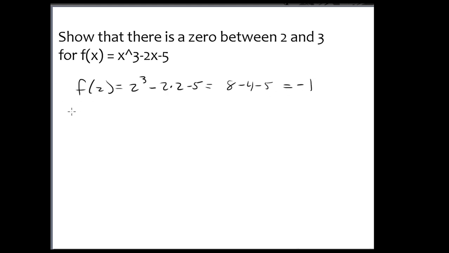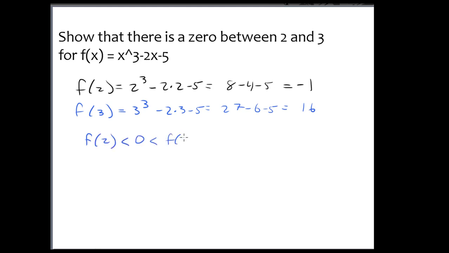And then I'm going to take f of 3, that's 3 cubed minus 2 times 3 minus 5, so that's 27 minus 6 minus 5, which is 16. F of 2 is less than 0, and f of 3 is greater than 0. So somewhere in between 2 and 3, there is some value that makes this 0.